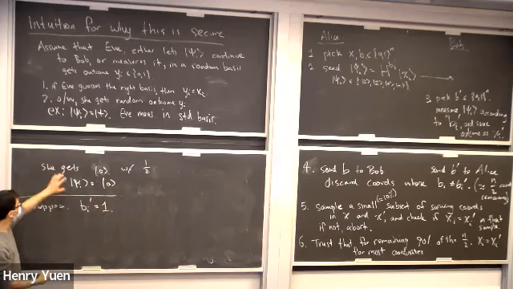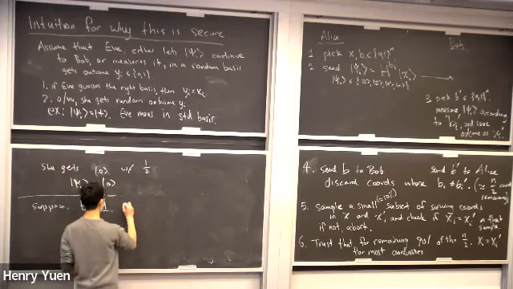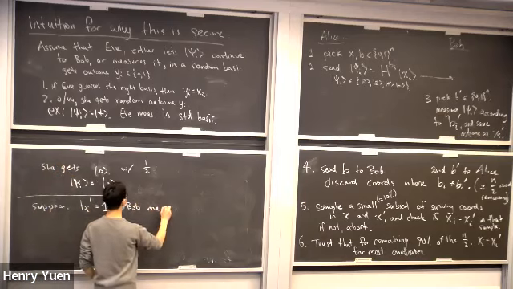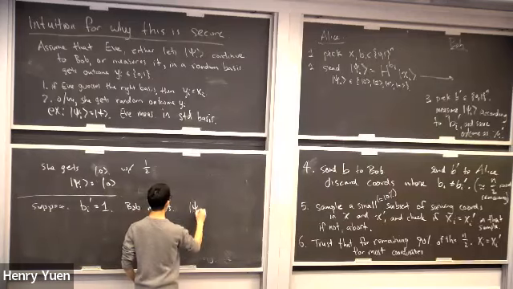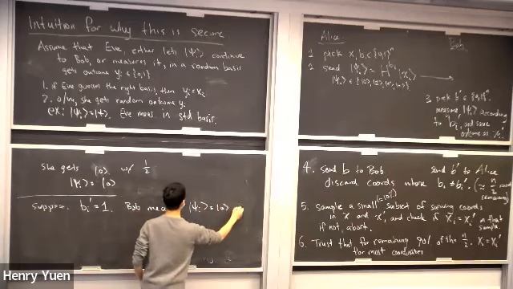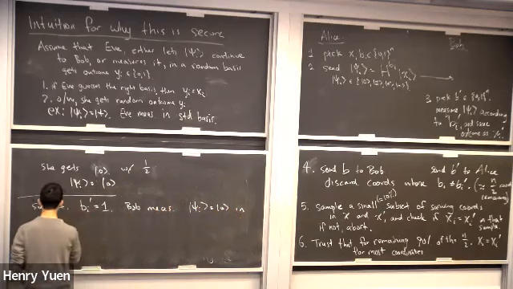Bob also thinks for this coordinate that it should be in the Hadamard basis, so he measures in the Hadamard basis. So Bob measures psi I, which is now the 0 state, in the plus minus basis.